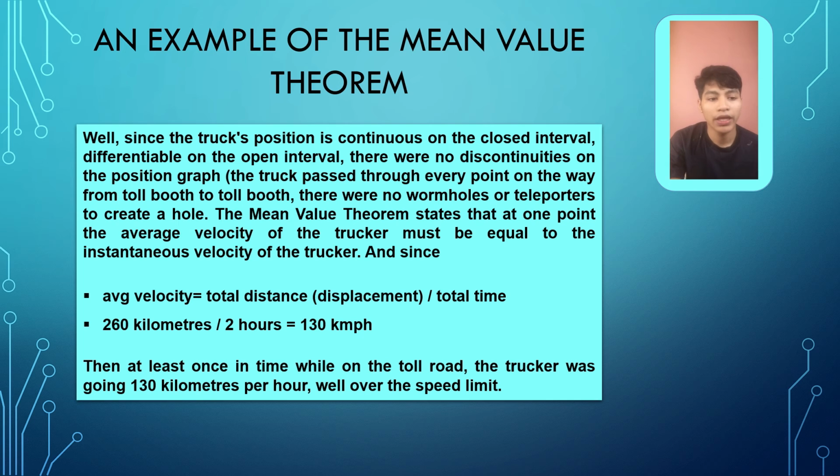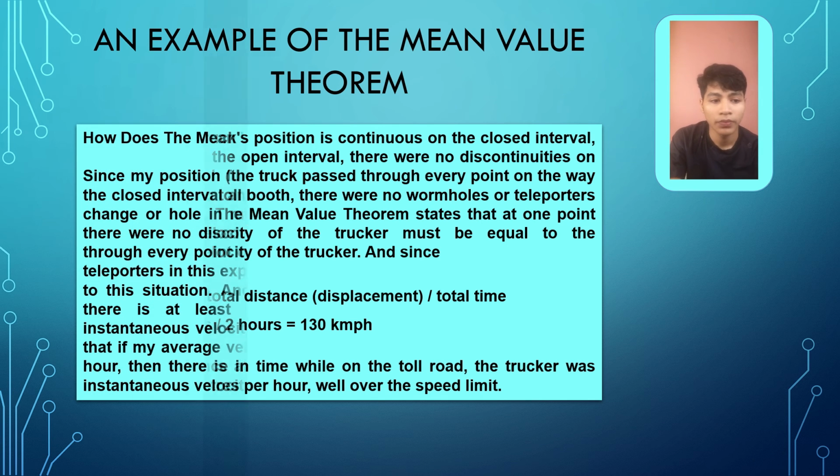Then, at least once while on the toll road, the trucker was going 130 kilometers per hour. Well, that's over the speed limit.